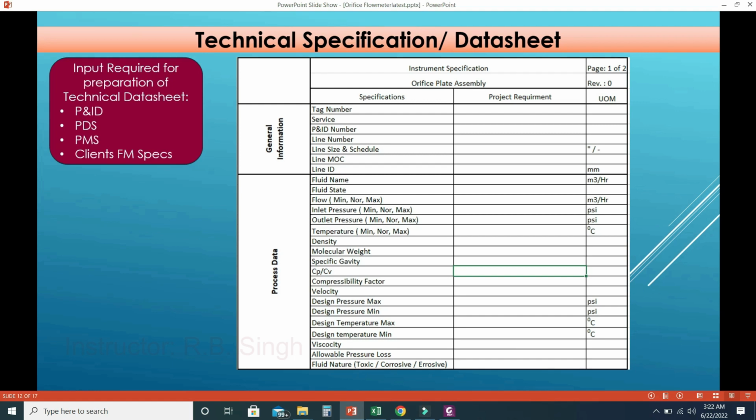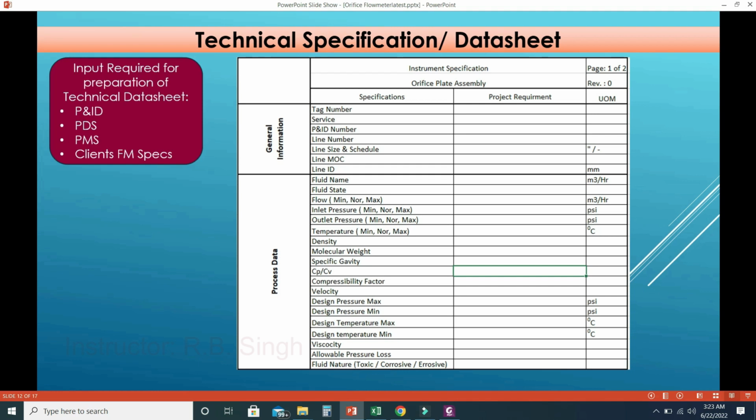Some general information we can fill, like tag number, service, P&ID number, line sizes and schedules, line MOC, and line ID. So this data we can fill from the P&ID and PMS. Then the process conditions we will get from the process department. Normally flow, inlet pressure, outlet pressure, temperature, density, and for gaseous applications, molecular weight and specific gravity will be required.